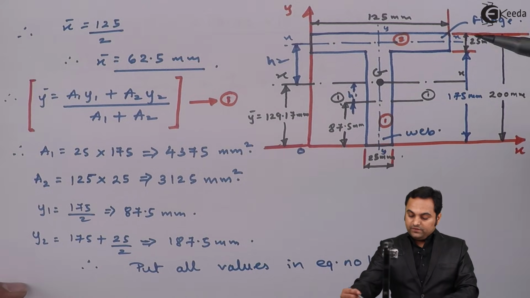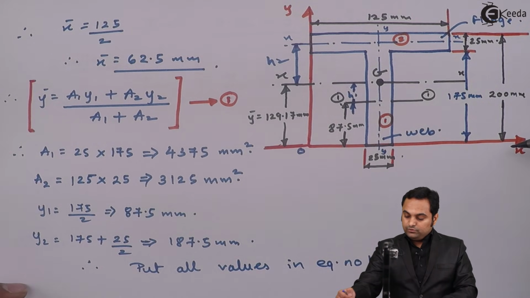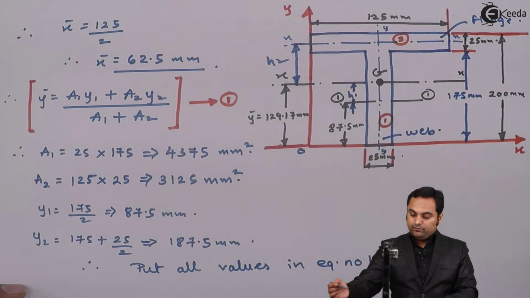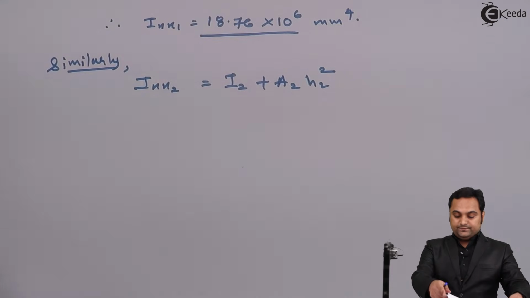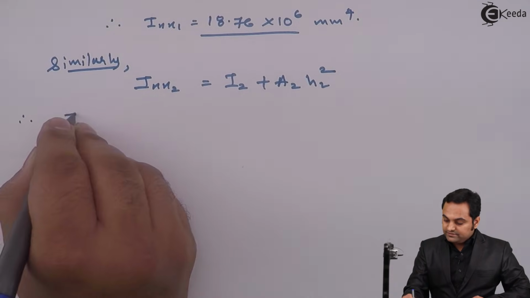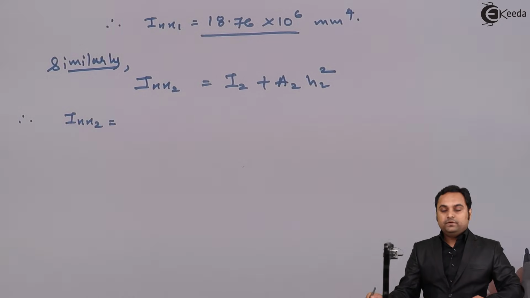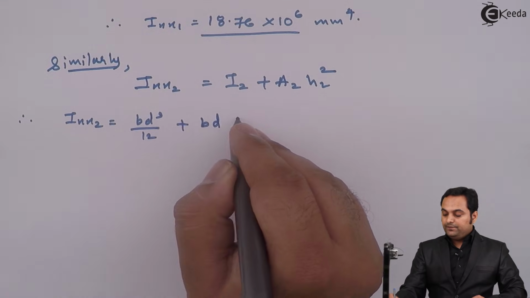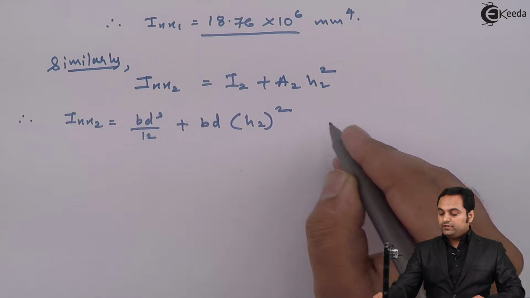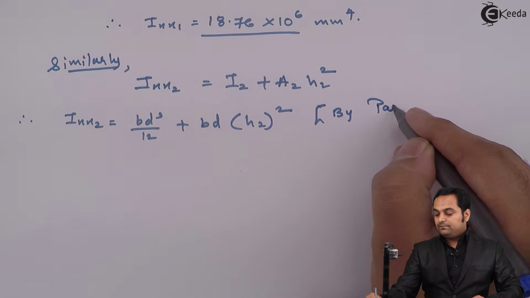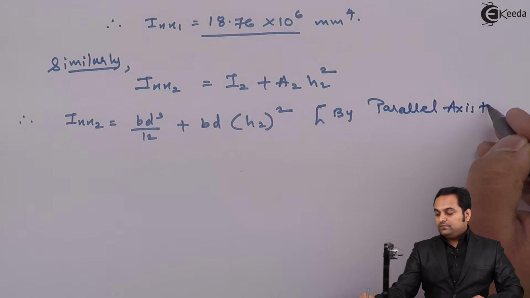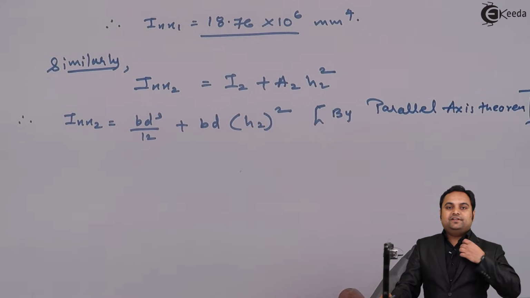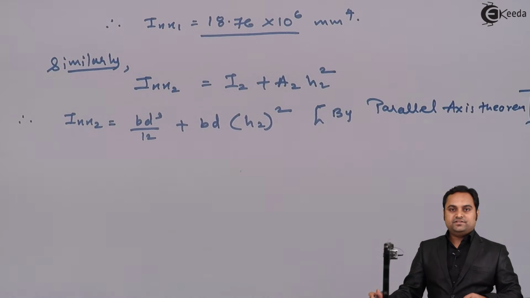H2 will be, as we can see, from 200, if this is 129.17 mm from bottom. Ixx2 will be, first of all, I2, which is BD cube by 12, plus area 2, B into D, times h2 square, and this is by the parallel axis theorem. As the two x-axes are not passing through the same line, we are using the parallel axis theorem, as we have used in the first case as well.